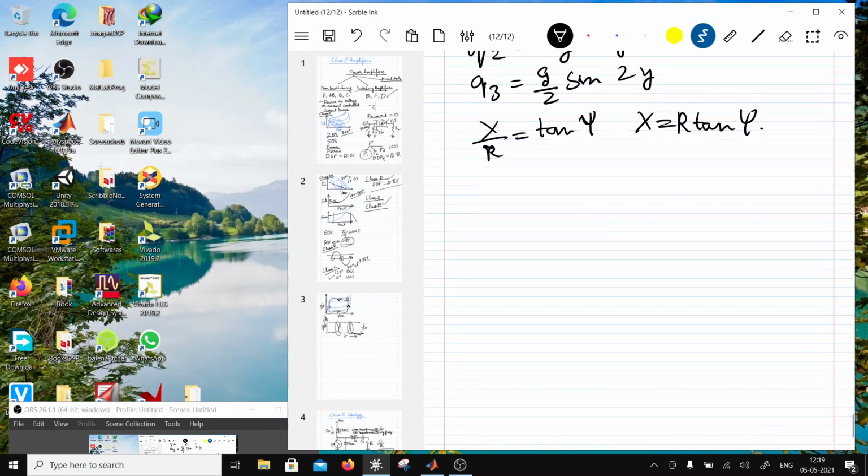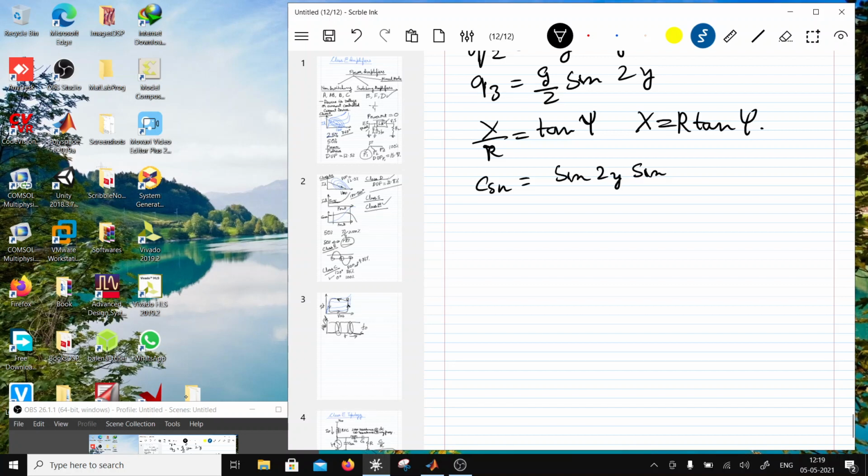So here I have that, then CSH I can find out as sine of twice of y sine of twice of phi divided by twice of pi y omega r y minus tan of y.